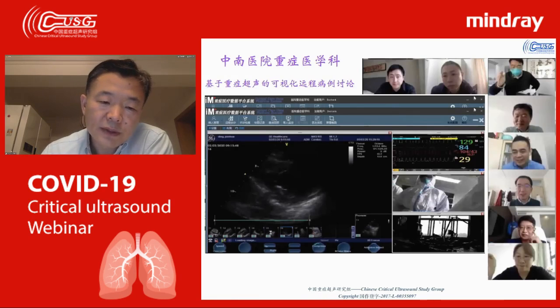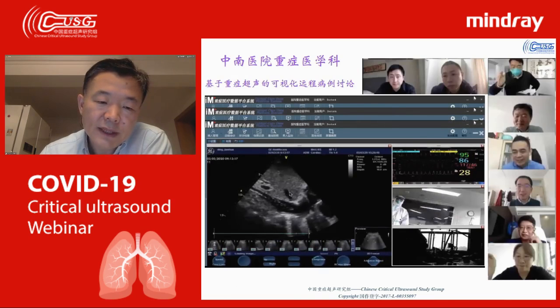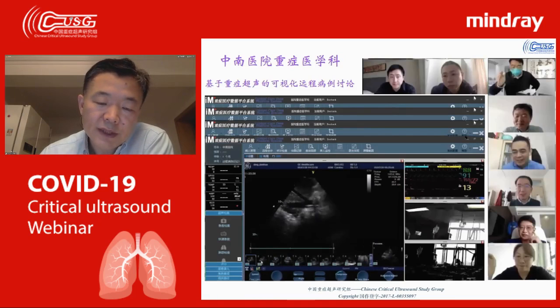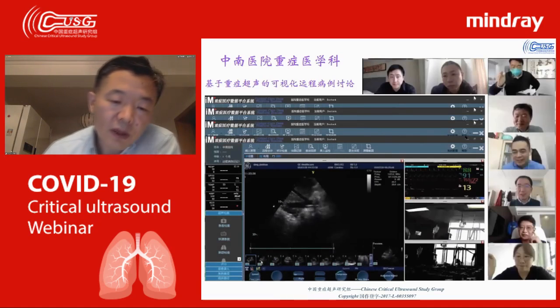And also you can see the IVC and the drainage tube of the ECMO, and we changed its position to lower the recirculation and increase the drainage volume.